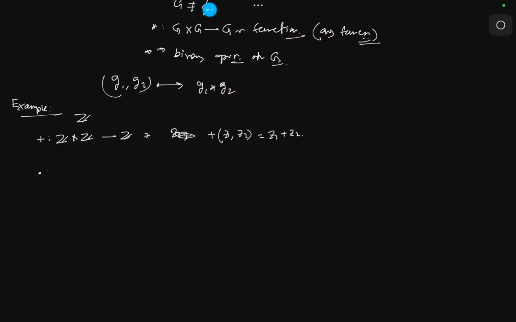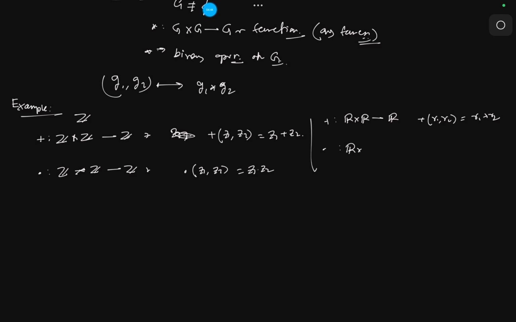Also you can multiply integers as well, that is dot of z1 comma z2 goes to z1 dot z2. We can define the same thing in the case of the set of real numbers, like the following: plus of r1 comma r2 is r1 plus r2, and dot of r1 comma r2 goes to r1 dot r2. So dot means multiplication, right?